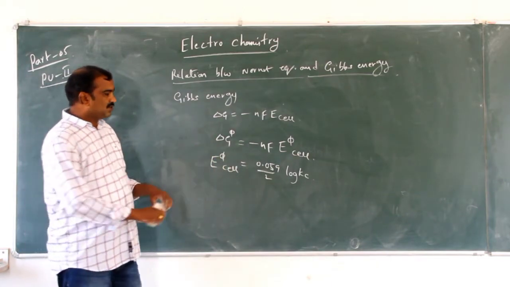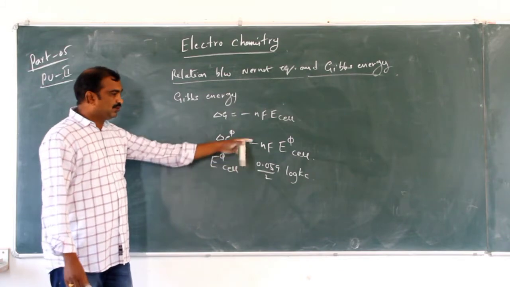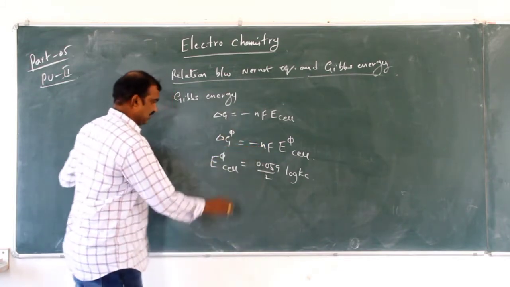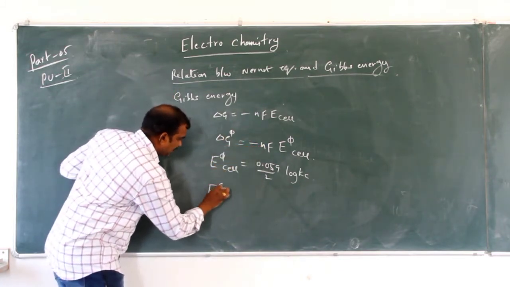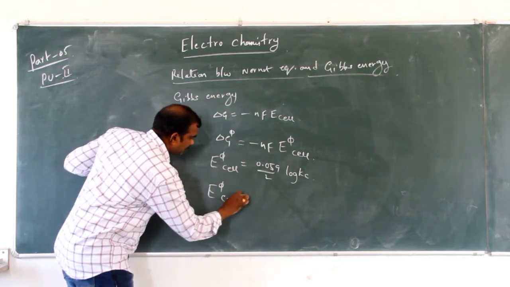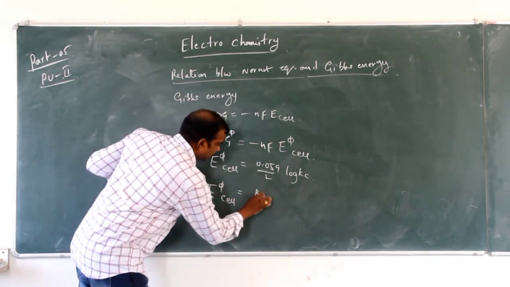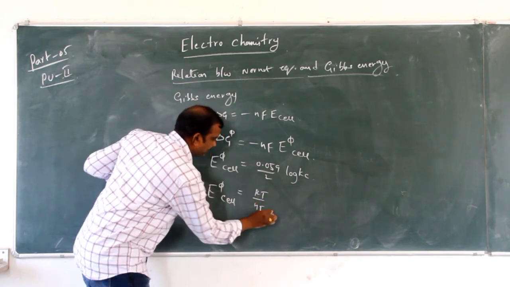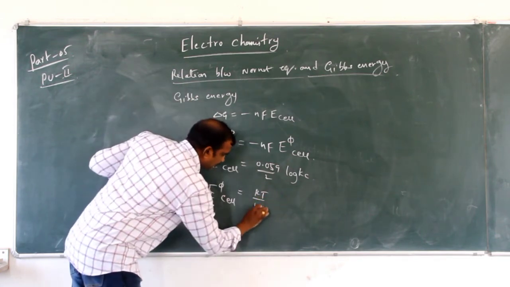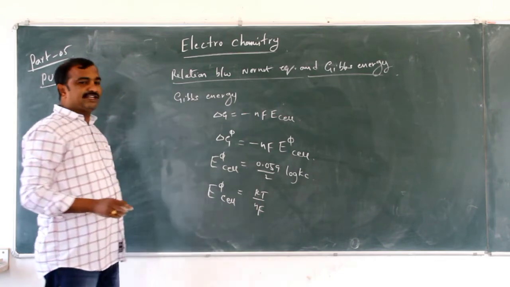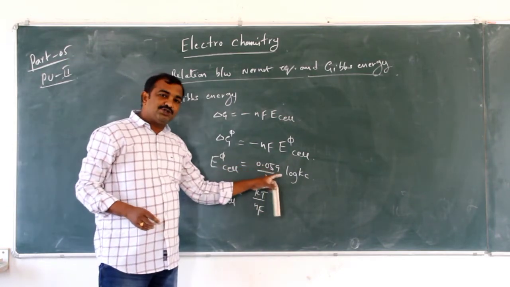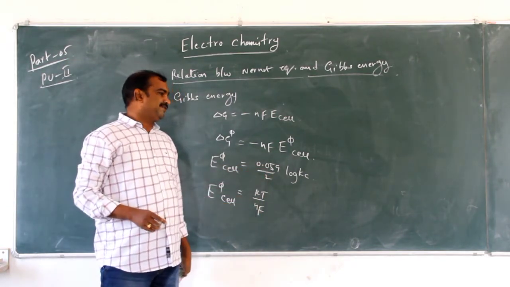Now I am changing this. In fact, it's like this: E naught cell is equal to RT by nF. Simply I am changing this 0.059 by 2 into nF terms.